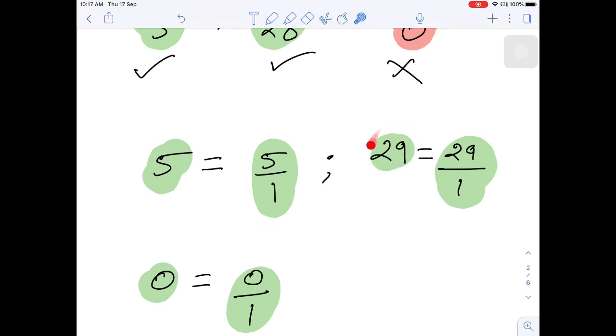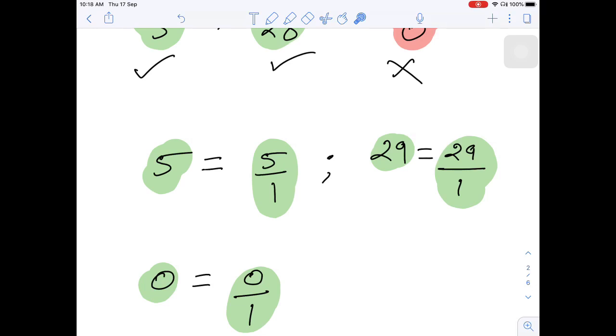Let us consider another example. Now suppose we have only a number 29, that is, only the numerator is given. Is it a rational number? Yes, it is also a rational number. Why is it a rational number? Because we can write it in numerator denominator form. If no denominator is there, we can write 1 as the denominator.